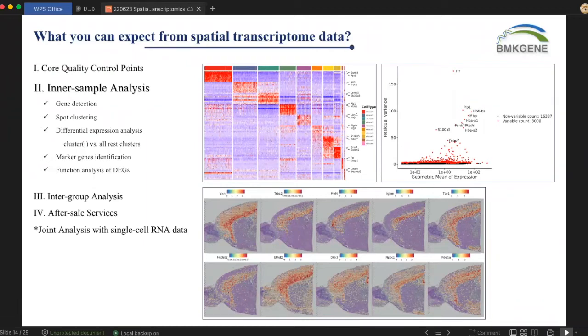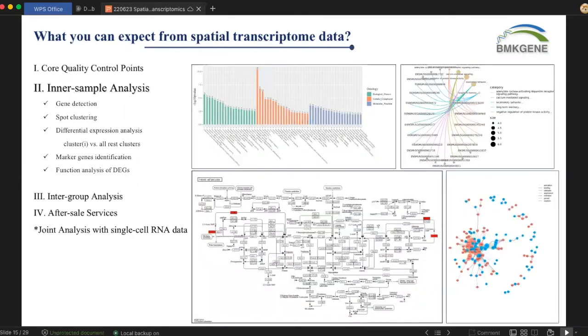So this is the analysis that we can do within a sample. Once we identify these marker genes or highly expressed genes, we can align them to biological functions. These are the normal function analyses similar to bulk RNA sequencing, like GO classification, protein-protein interaction networks, KEGG annotation, and so on.